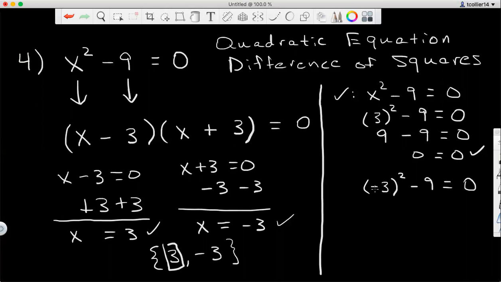So you're actually doing negative 3 times negative 3 right here. That's going to give you a positive 9. So I get 9 minus 9 equals 0, which is 0 equals 0. So negative 3 does belong in the solution set. Why? Because we checked it and we noticed that we got a true statement at the end. So there.